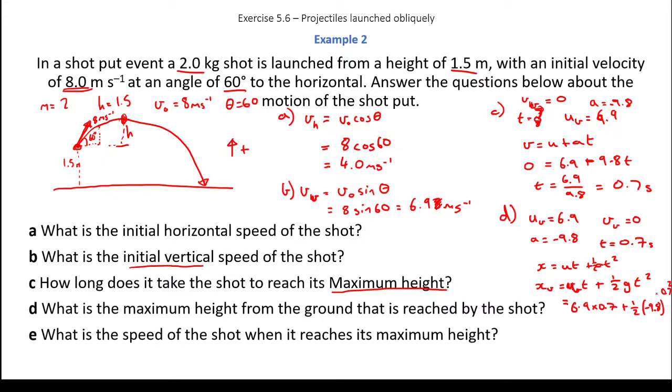Stick that all in our calculator, and make sure you put your 9.8 as negative.